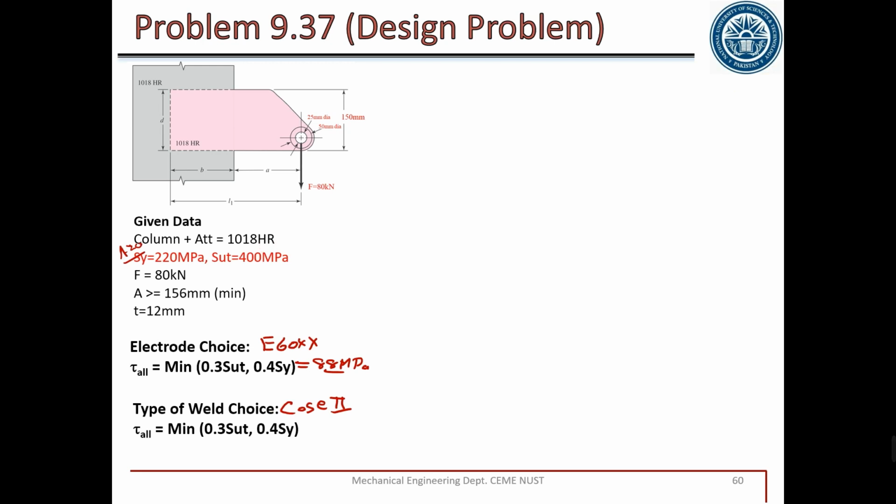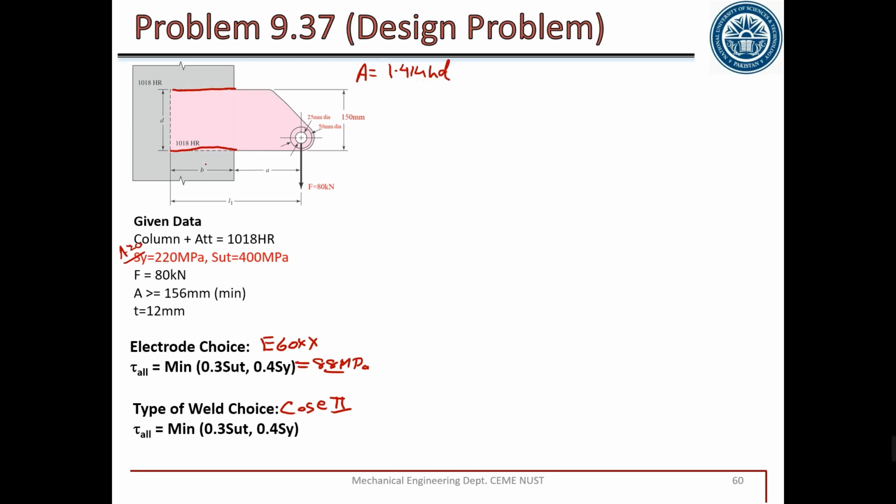For example, the weld area. The equation of area for case 2, because case 2 is parallel weld, is given as 1.414 h d, and this is d in this case.